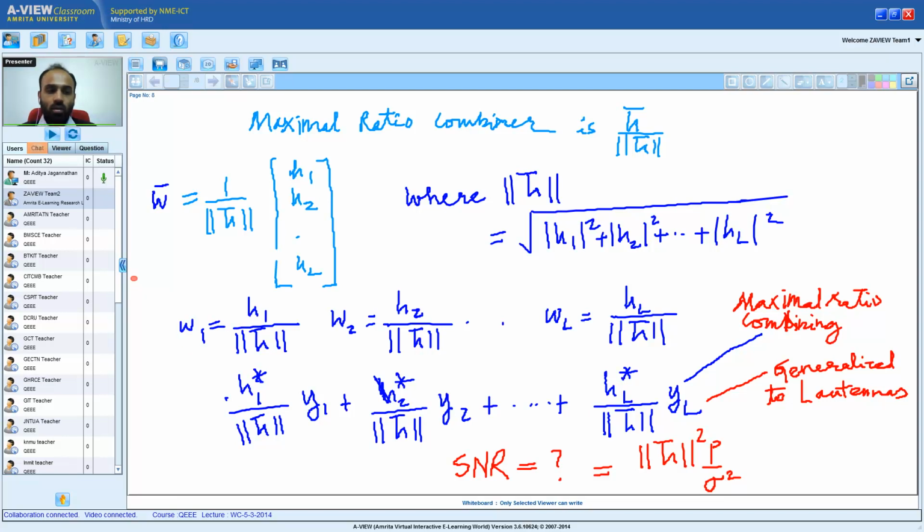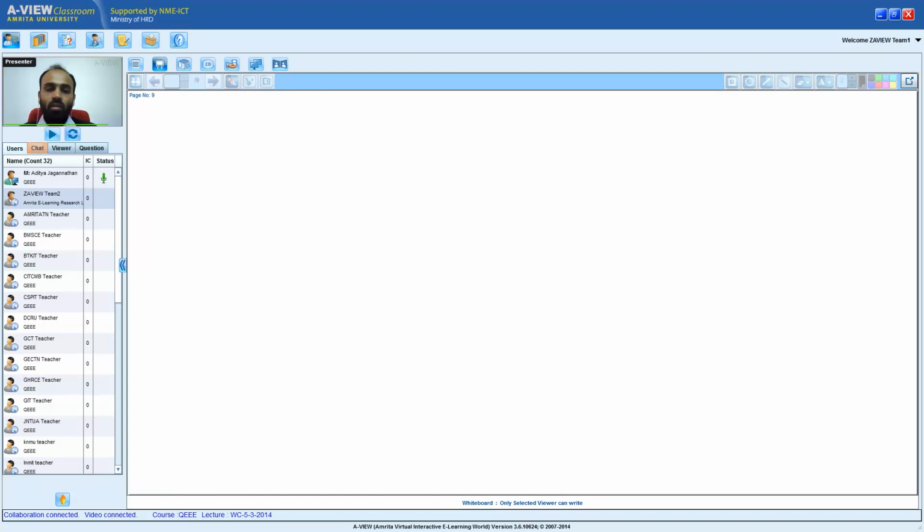I am asking for SNR at the receiver, that is norm H square into E divided by sigma square.